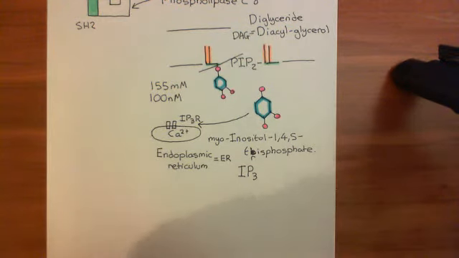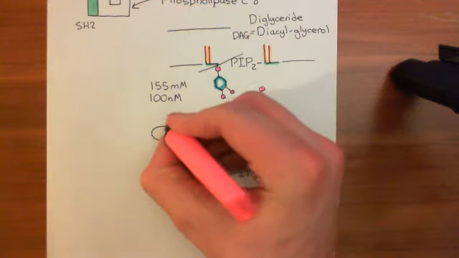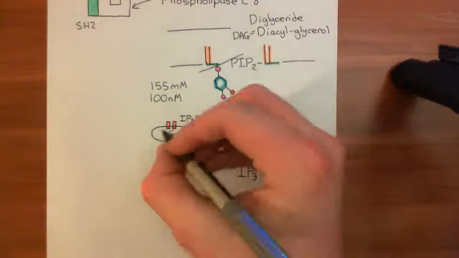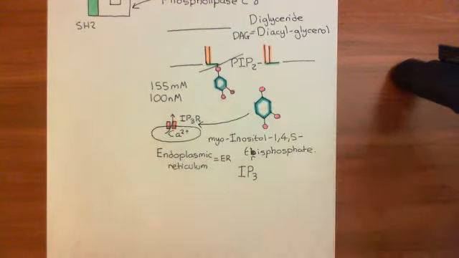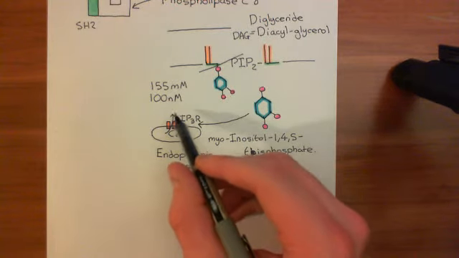It does lead to the opening, just not directly. Okay, so here are the inositol 1,4,5 trisphosphate receptors. Okay, so when IP3 goes up in the cytoplasm of the cell, it will cause these IP3 receptors indirectly to open, and you will then get calcium released from the ER lumen into the cytoplasm of the cell.